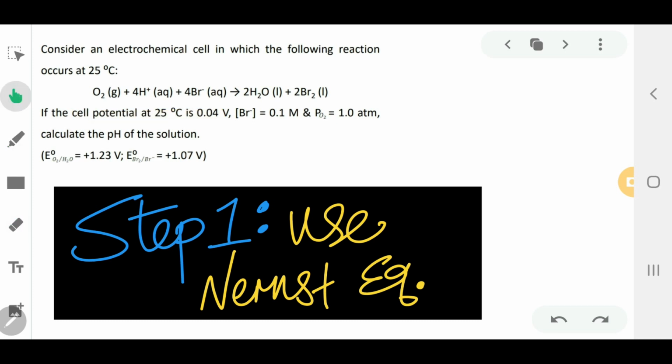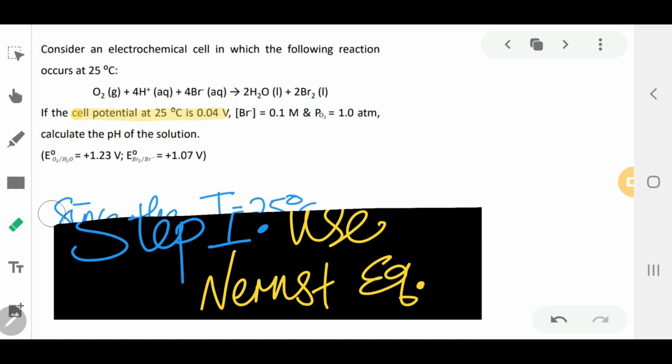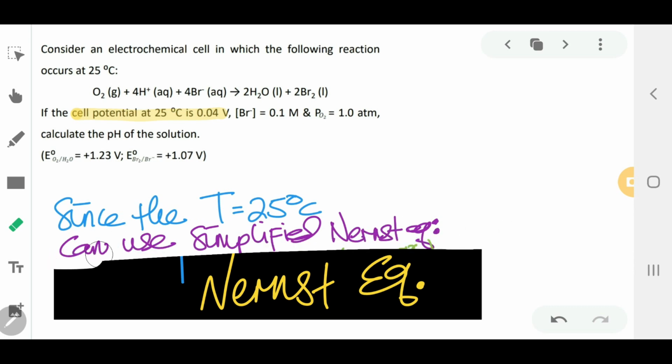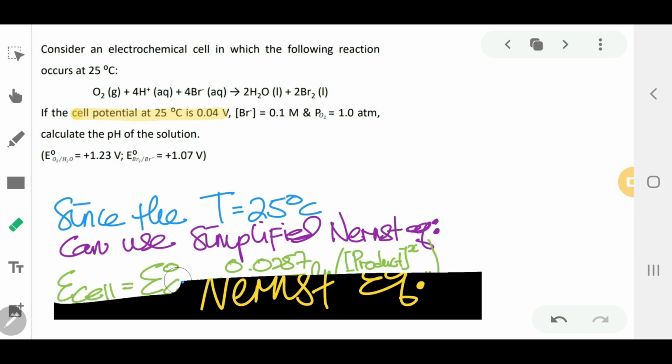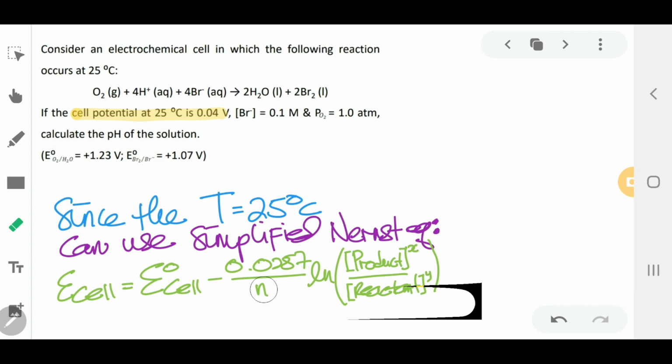To start, we need to look at step number 1, which is to identify which Nernst equation we need to use, whether we can use the simplified version or not. When you look in the question, just now we have identified that the cell potential is at 25 degrees Celsius, which is 0.04 volts. Therefore, we can use the simplified version of the Nernst equation.